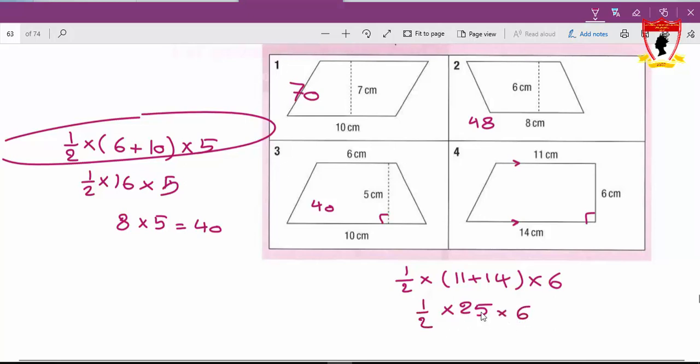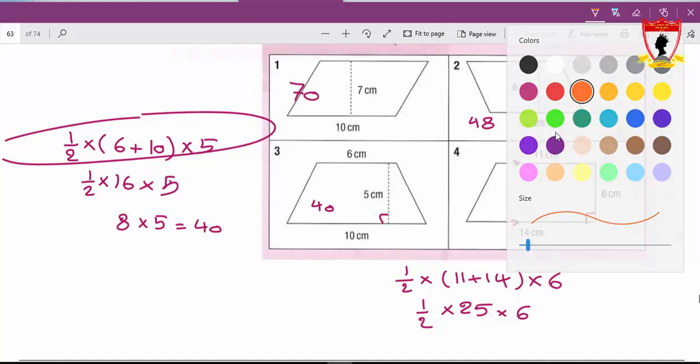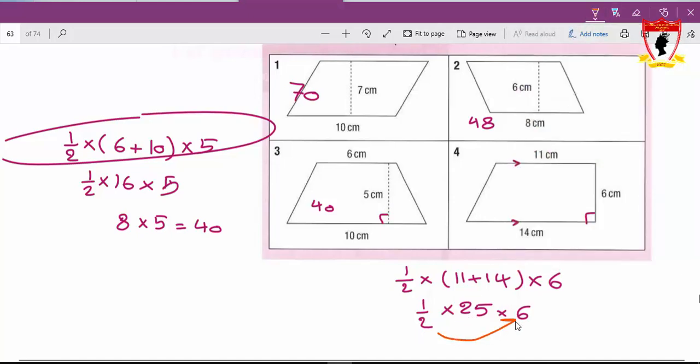It's not easy to divide 25 by 2, so it's fine to divide the other number by 2, because what's between them is only multiplication. 1/2 times 6 will be 3 times 25. 3 times 25 is equal to 75. So this area is 75 centimeters square.